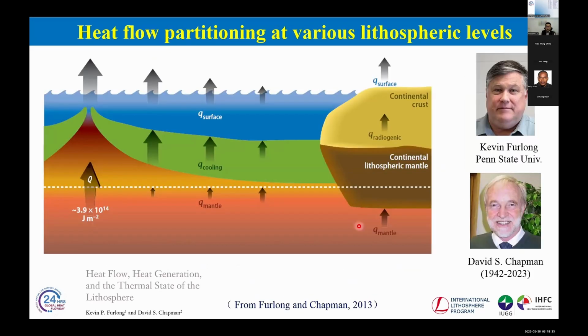Then we move to the heat flow partitions. This paper was published 10 years ago by Kevin Furlong and David Chapman. We can say that the thermal structure of the continents and the oceans is quite different. For example, for the continents, the heat flow is composed of one part from the crust, with the radiogenic contribution of the radioactive elements, and another from the mantle.